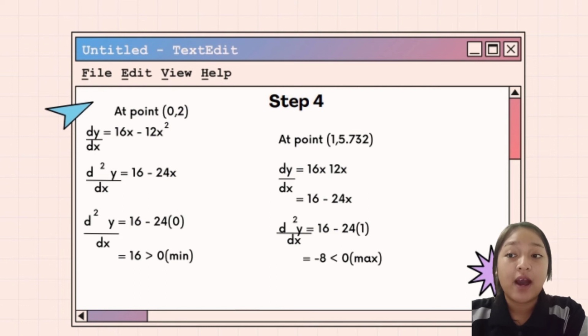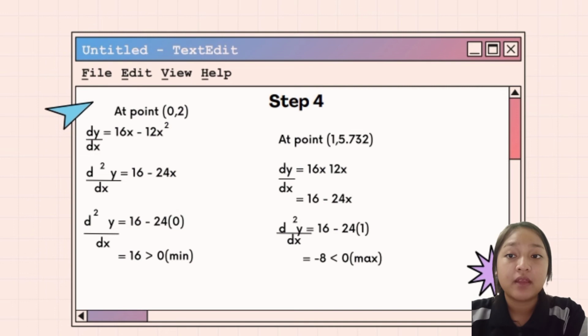D square y over dx equals 60 minus 24 in bracket 0 equals 60, bigger than 0. In bracket means this is a point for 5 for 1.